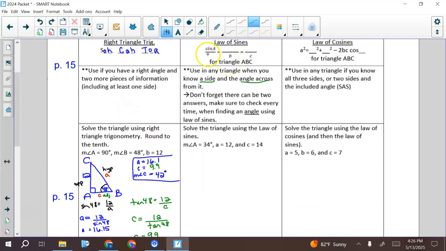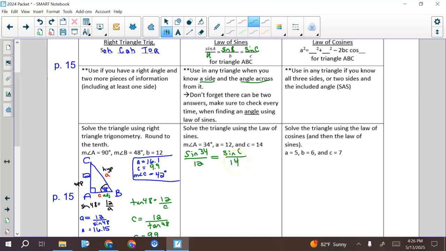We have sine A over side A, sine B over side B, and sine C over side C. Then we can set this up: sine of 34 over the side across from it, 12, equals sine of C over 14.